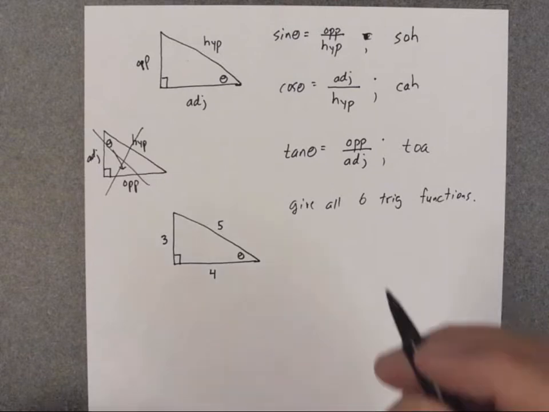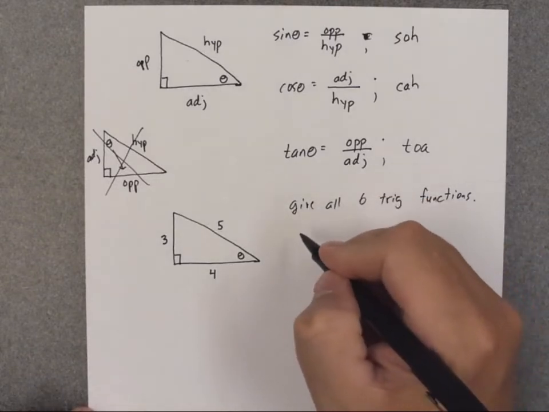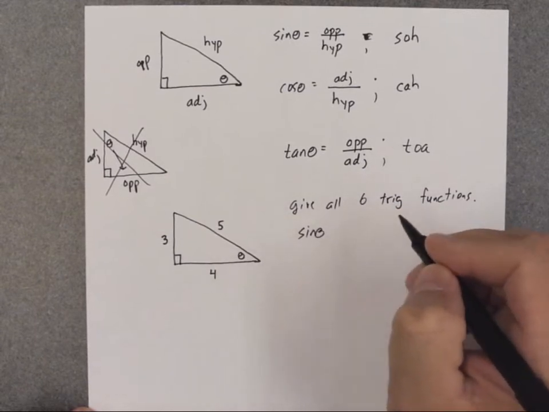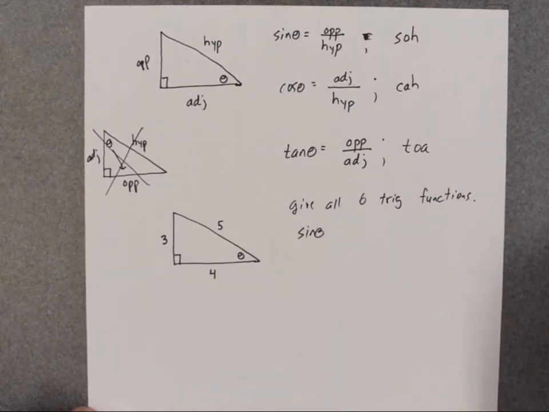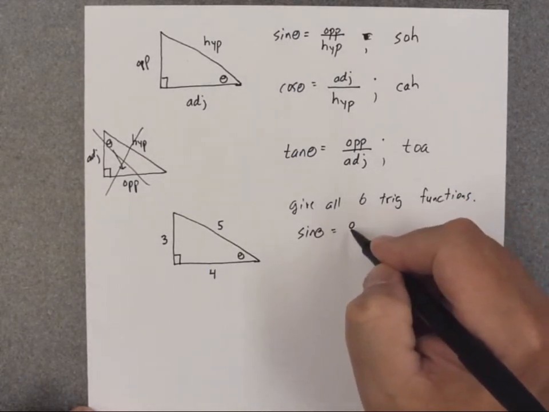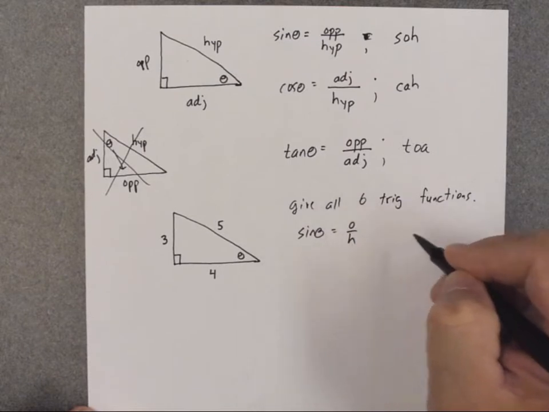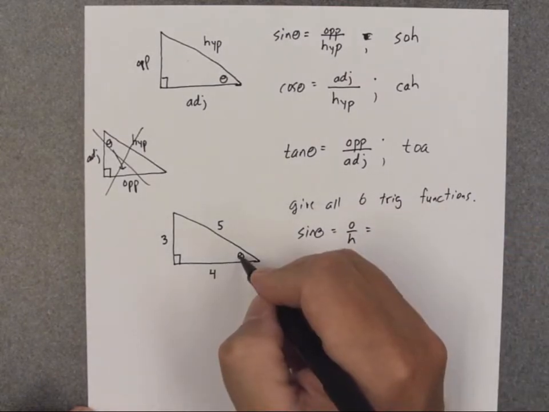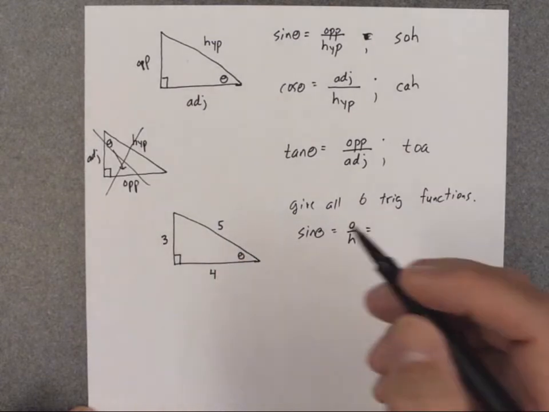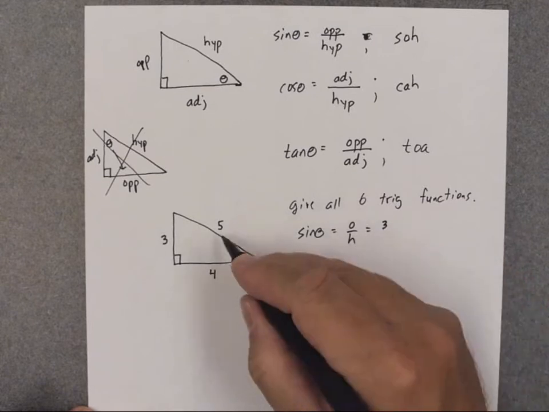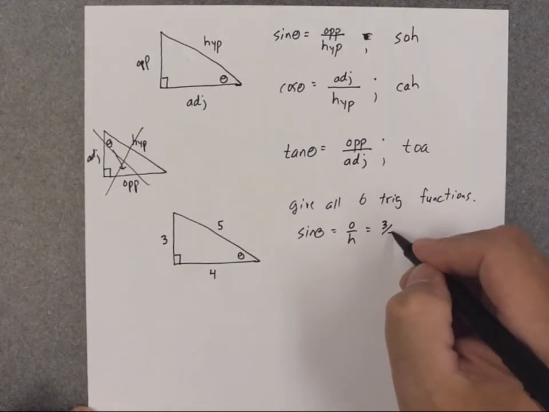So what I do is I say, well, the sine of theta, I say to myself, SOH CAH TOA, so, sine, S-O-H. The sine of theta equals the opposite over the hypotenuse. If this is my angle theta, the opposite is this side over here. So it's 3. The hypotenuse is 5.